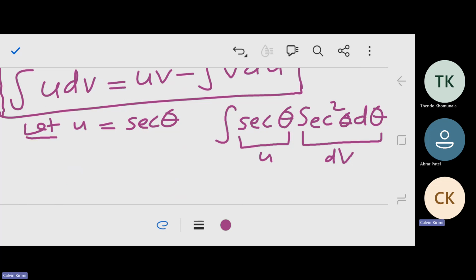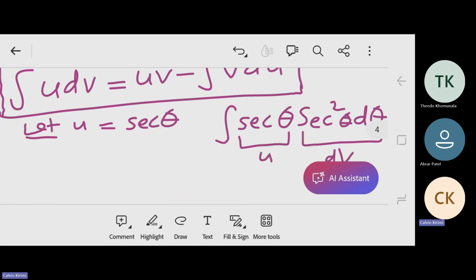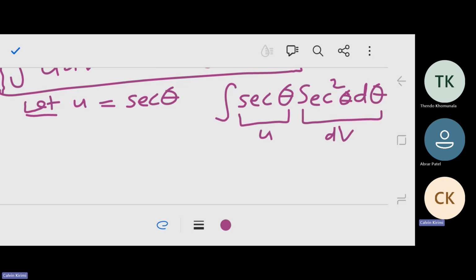So by saying let u equal to secant theta, from there, what is du? We differentiate. So here we say du with respect to d theta, what is it equal to?